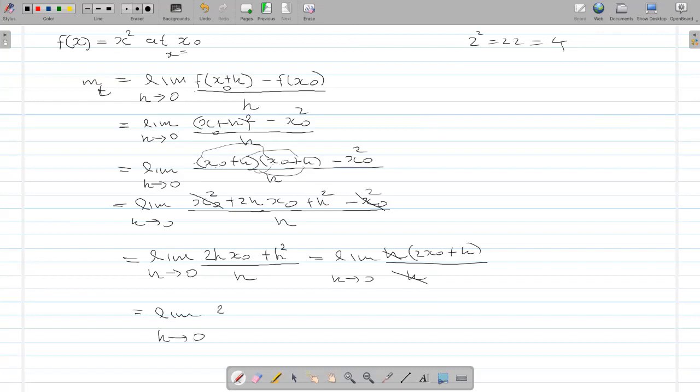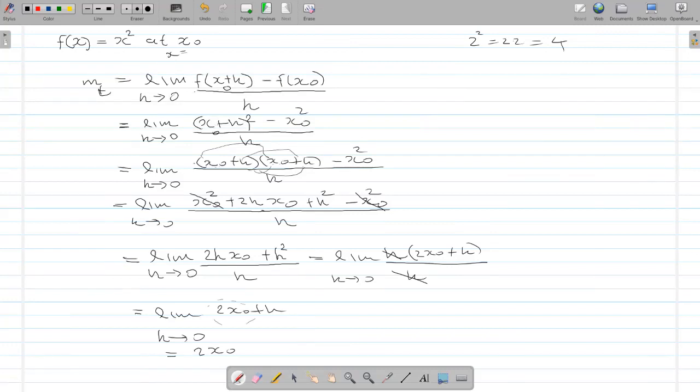So I get 2x naught plus h. When h goes to 0, this goes to 0, so the limit here is 2x naught.